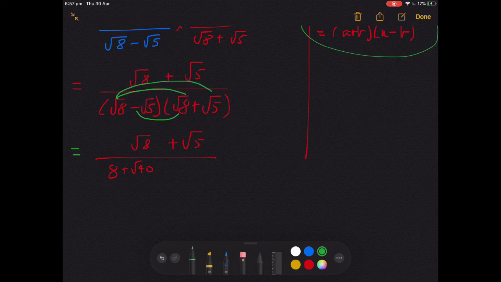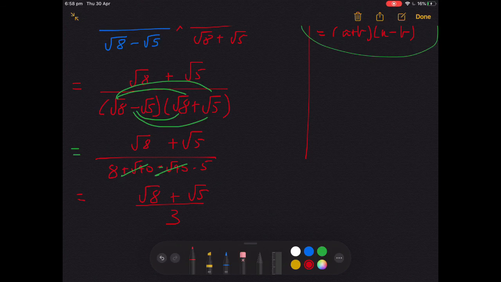Negative root 5 times root 8, minus root 40. Negative root 5 times root 5, minus 5. Plus root 40 minus root 40 cancel, and all we're left with on the bottom is 8 minus 5, which is 3. Root 8 plus root 5 on 3.